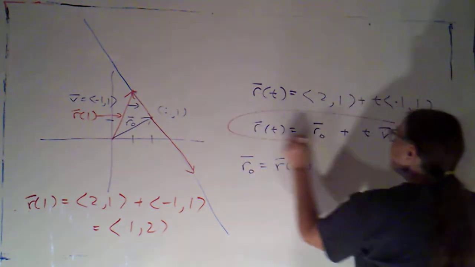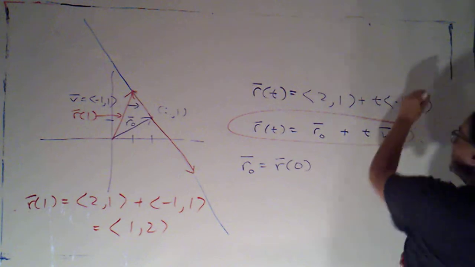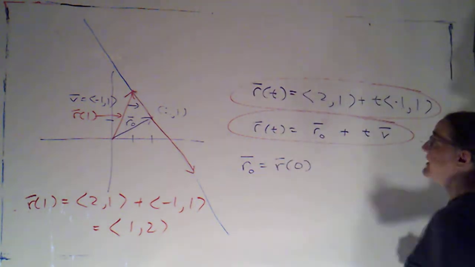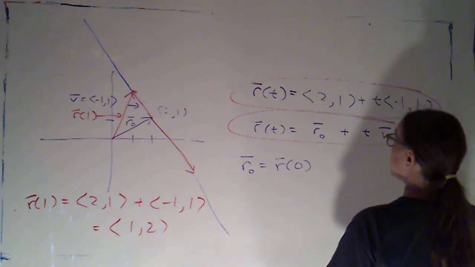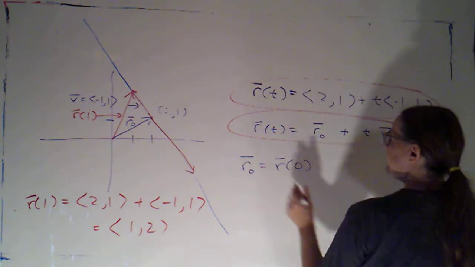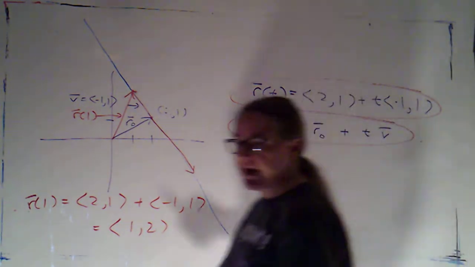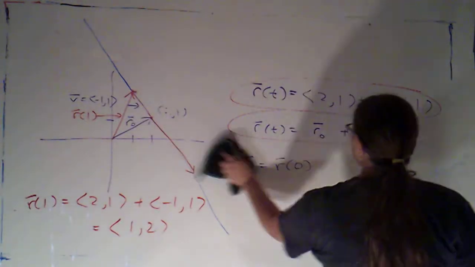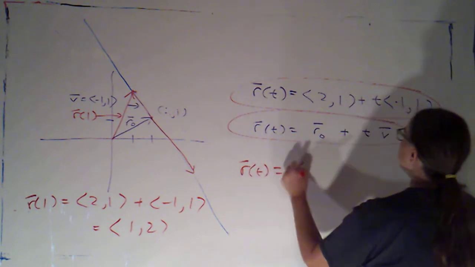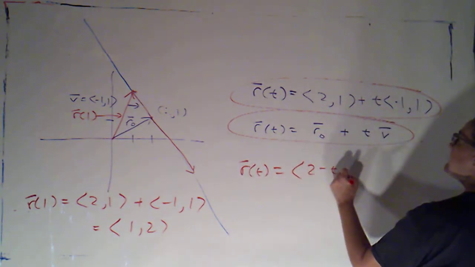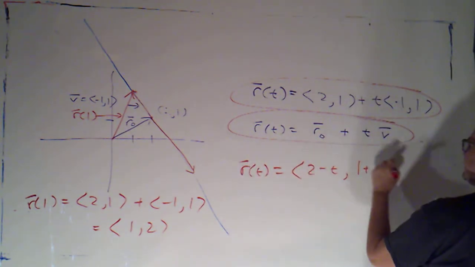Now that gives me a single equation for that line. Of course, if I wanted to write the parametric equations, I could. Notice, if I actually did the vector addition here, I could combine these two vectors and say r of t is (2 minus t, 1 plus t).